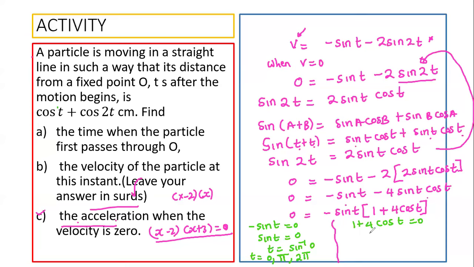So here I get 4 cos t is equal to -1. So I divide both sides by 4. So you get t is equal to cos inverse of -1 out of 4.